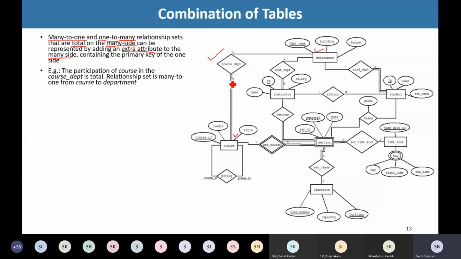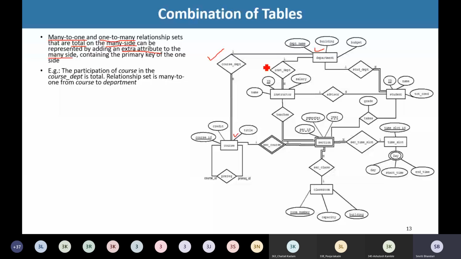Now what is the mapping cardinality for this relationship set? Yes, one to many. It is one to many from department to course. Correct? Or if I look from course to department, it is many to one.